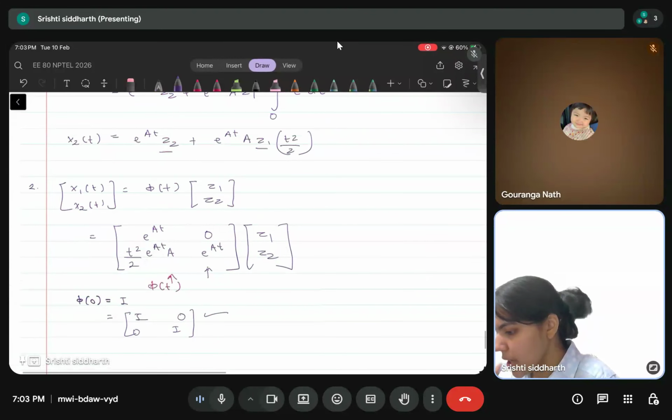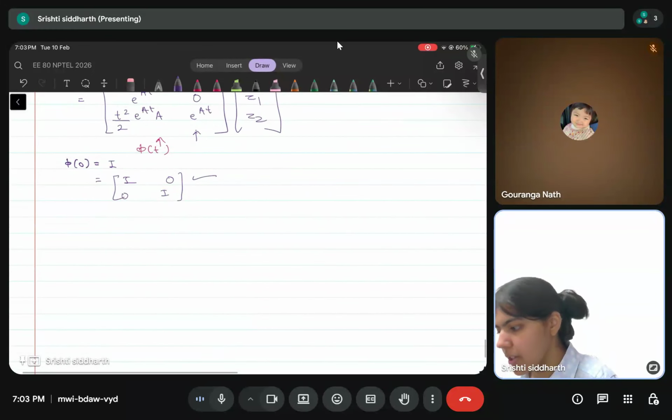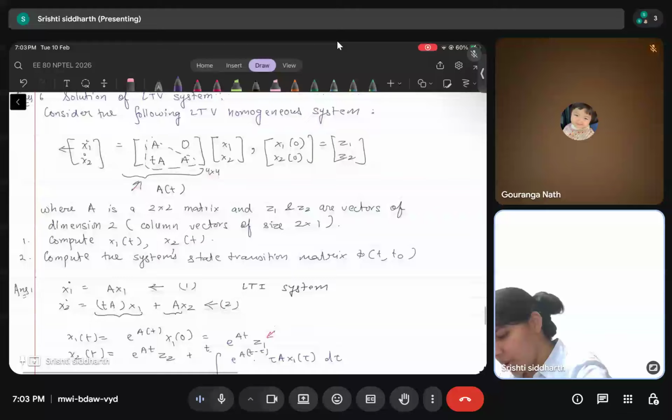This question is about the state transition matrix, to get the system matrix from a state transition matrix for an LTV system. So this is question 7.